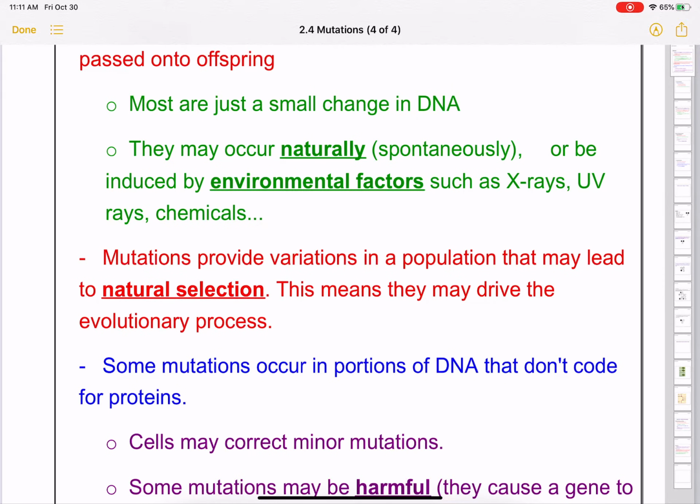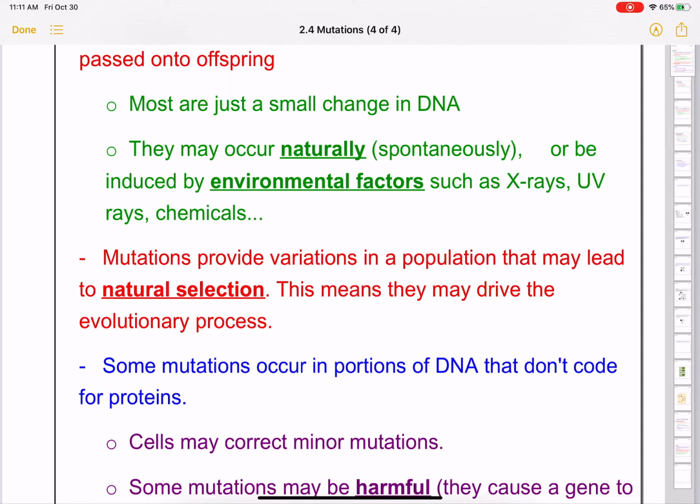Mutations provide variations in a population that may lead to natural selection. This means that this may drive the evolutionary process. For me, I always give this example: if you randomly had a mutation that gave you webbed feet, so you had skin in between your toes, sort of like a frog.